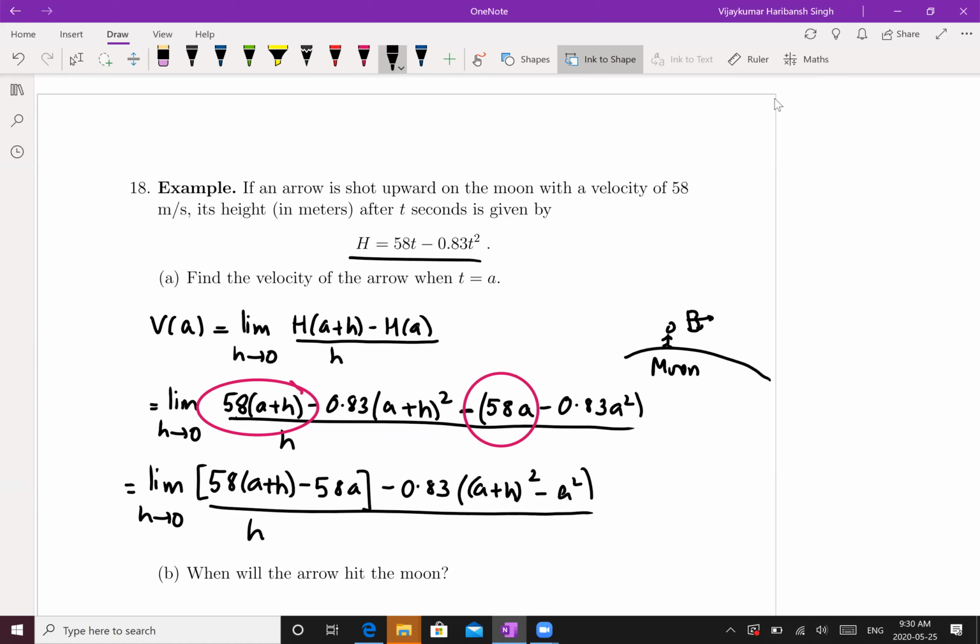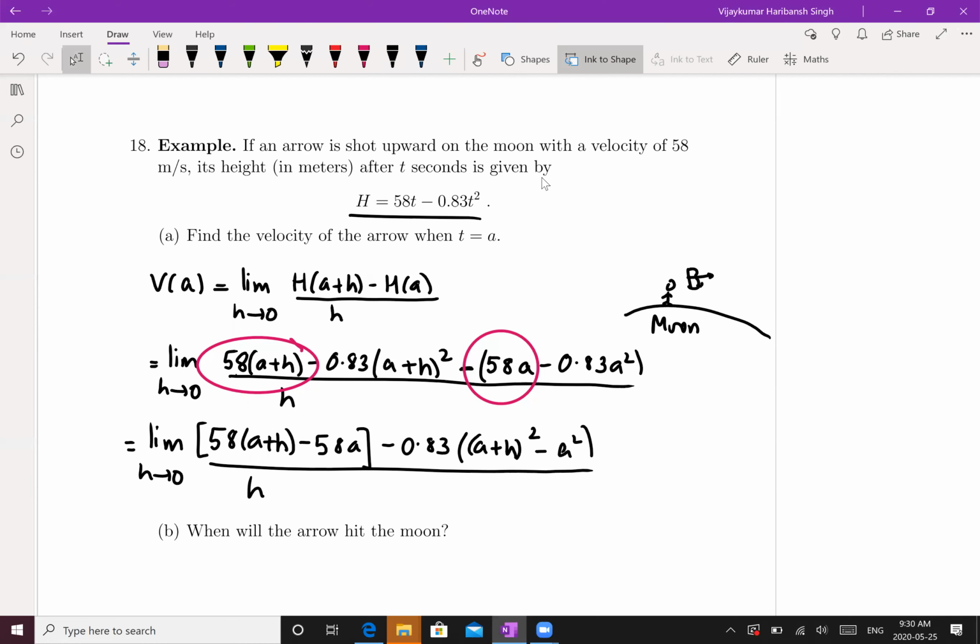Now I can expand and simplify. So this is going to be the limit as h goes to 0. I get 58h from the first part, because 58a minus 58a will cancel.